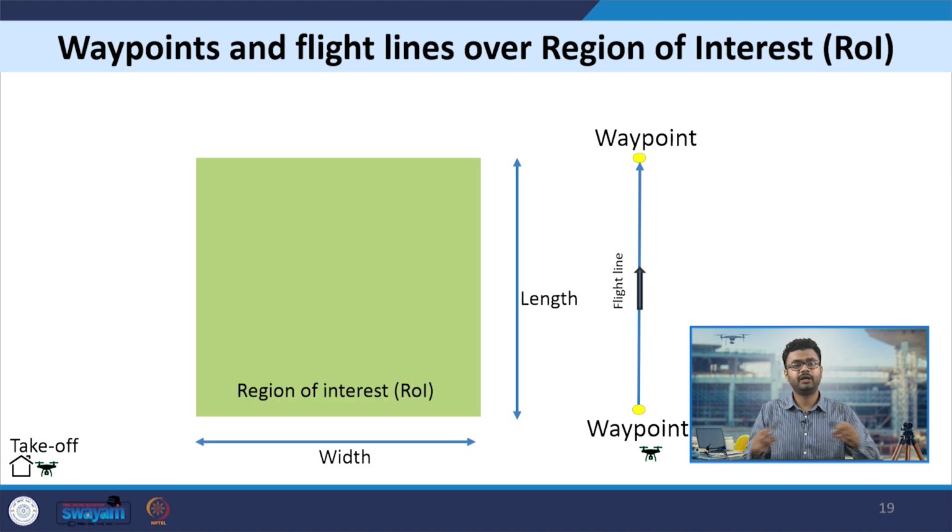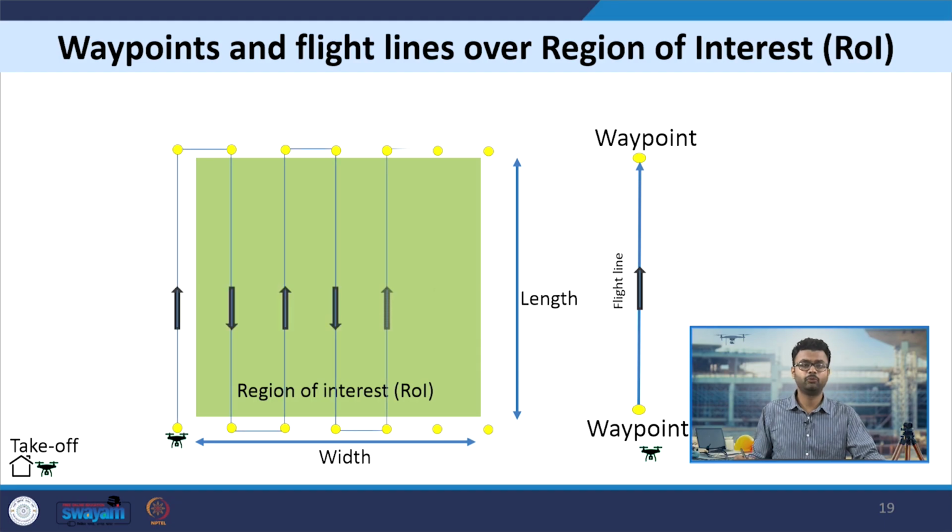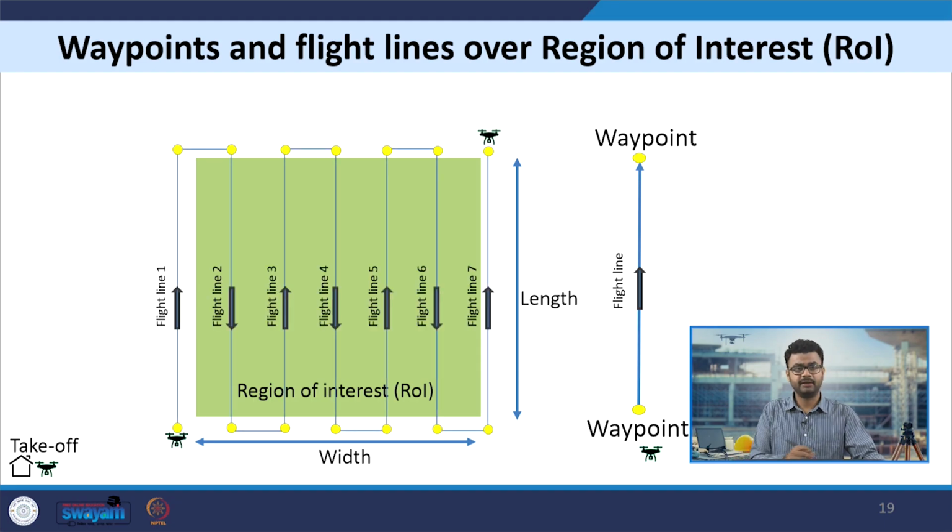After this, we have the region of interest with the width of W and length of L. And then first of all, as we just discussed, we have to define the waypoints. These waypoints are shown in yellow, and the drone will follow from one waypoint to another waypoint in a flight line, and they are known as flight line 1, flight line 2 and so on. This is how they are labeled.